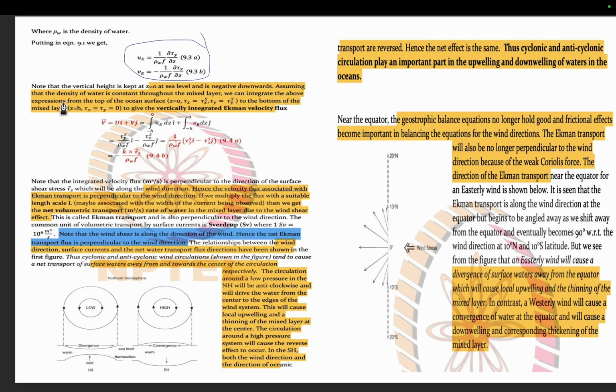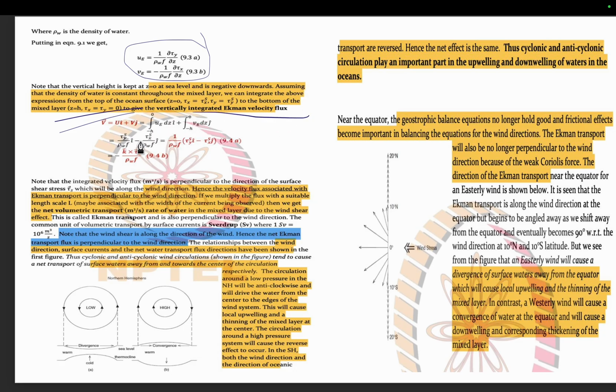Assuming that the density of water is constant throughout the mixed layer, we can integrate the above expressions from the top of the ocean, that is z equal to 0, the surface layer, where tau x is equal to tau x s and tau y is equal to tau y s, to the bottom of the mixed layer, where z is equal to minus h and tau x and tau y are 0, to give a vertically integrated Ekman velocity flux.